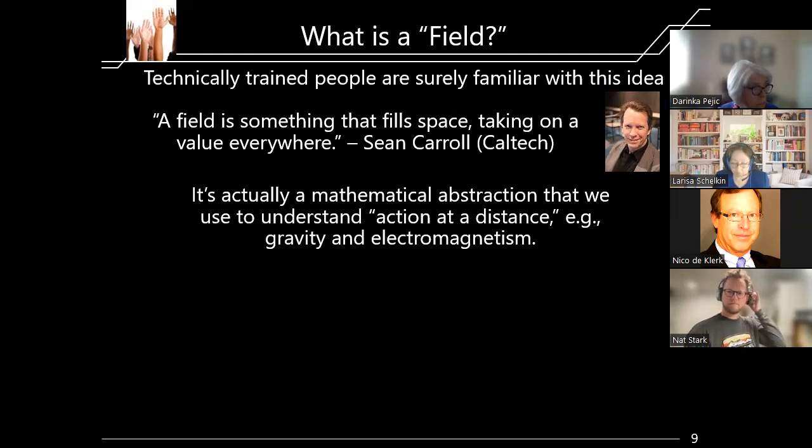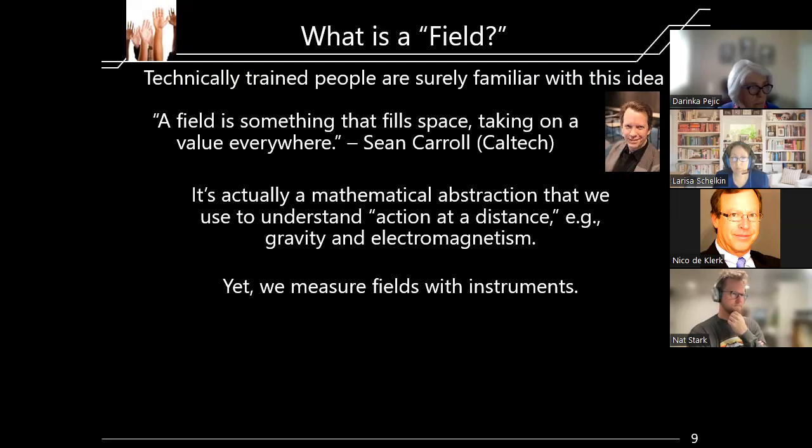This is what people early on called gravity and electromagnetism. Nobody understood. In fact, I don't think people still do understand, for example, how gravity works. But once we make the idea of a gravitational field, this imaginary mathematical construct, we can manipulate it, we can measure it, we can talk about it like it's real.